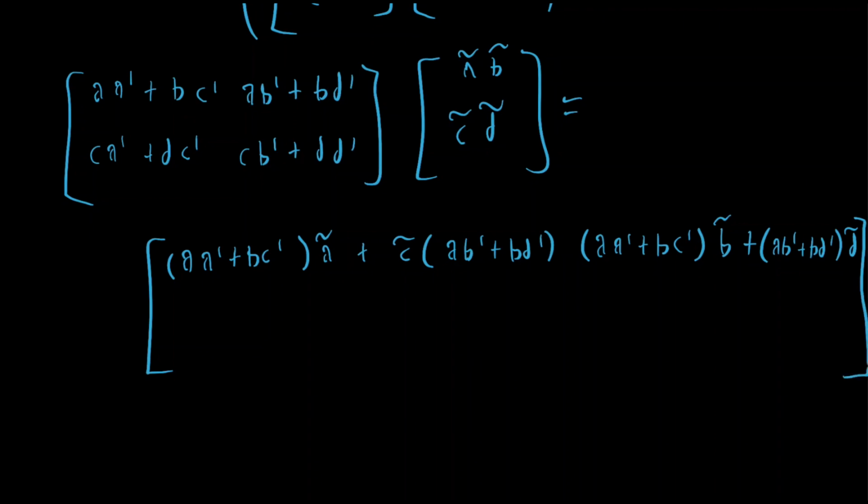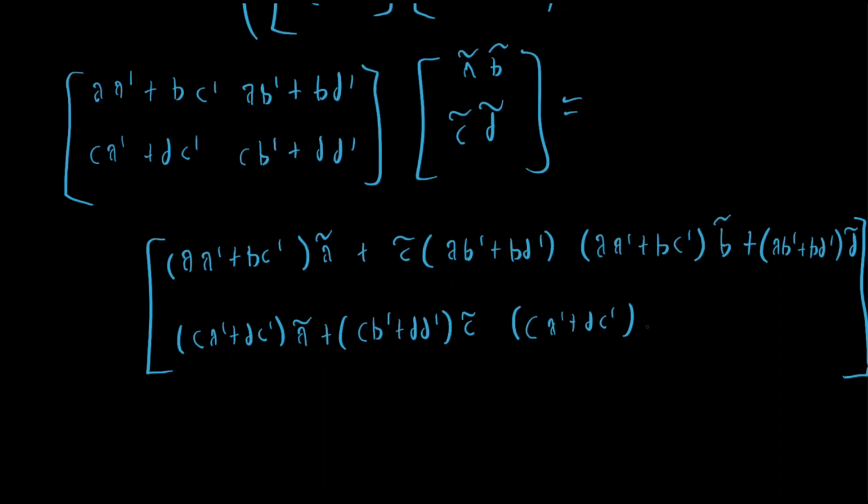The third entry will be C A prime plus D C prime all times A tilde plus C B prime plus D D prime times C tilde. And here then C A prime plus D C prime times B tilde plus C B prime plus D D prime times D tilde. And so this is the end result.